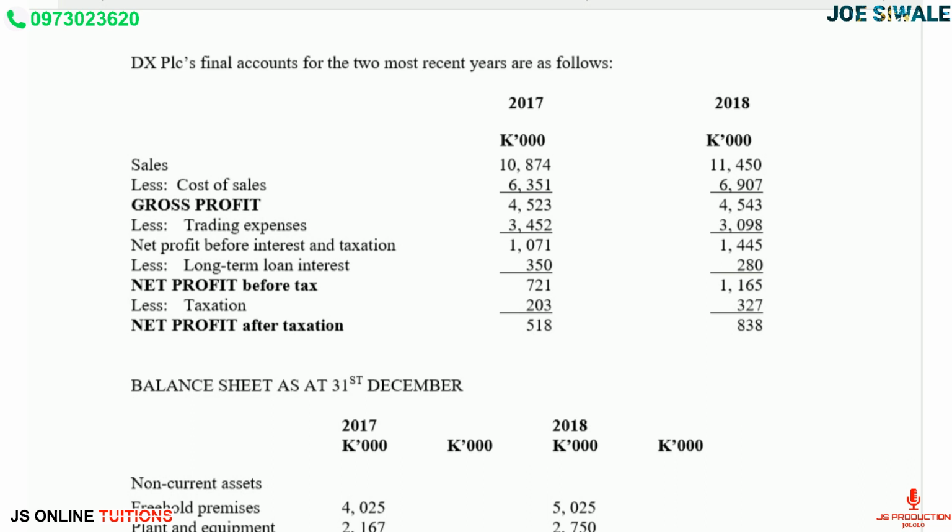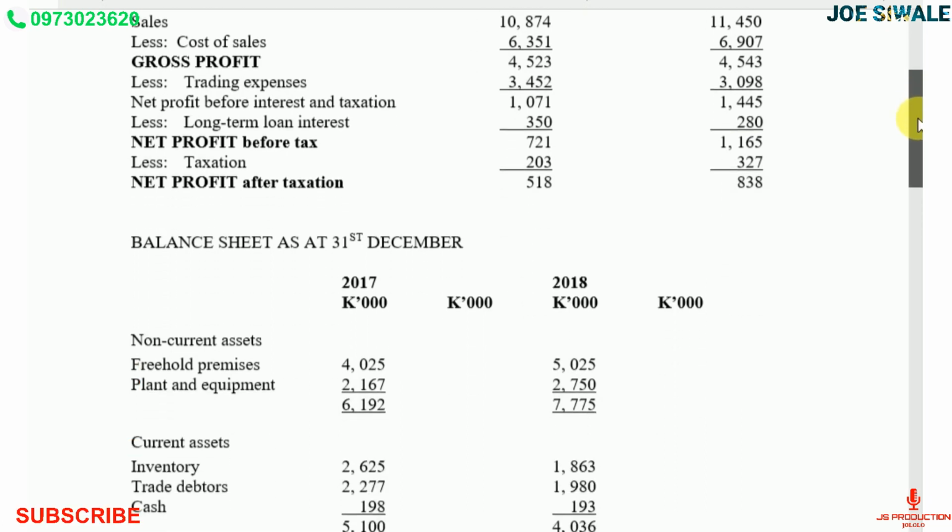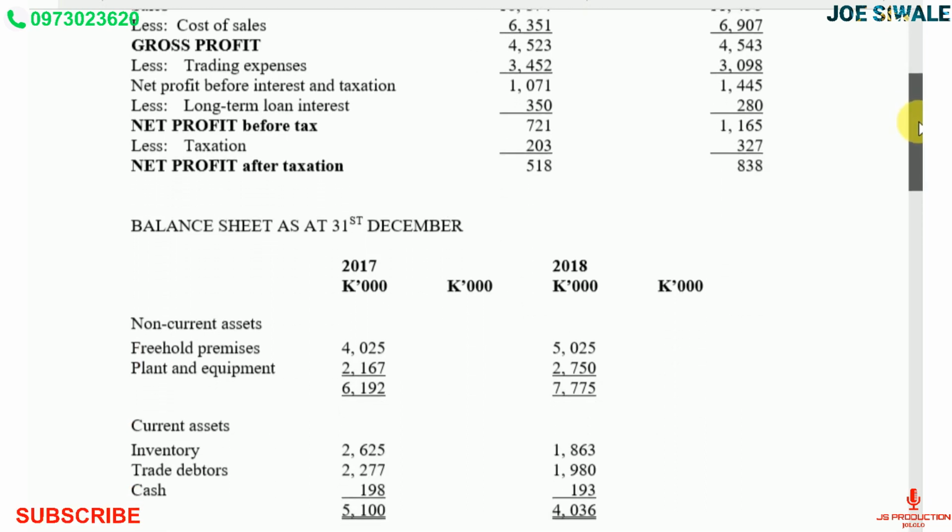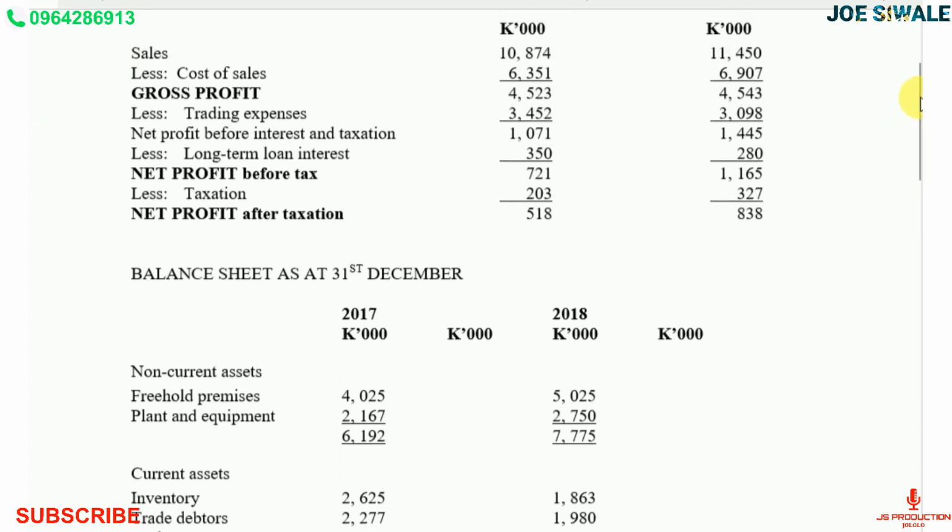So we know that when calculating return on capital employed, we say profit before interest and tax. So what is our profit before interest and tax for 2017?